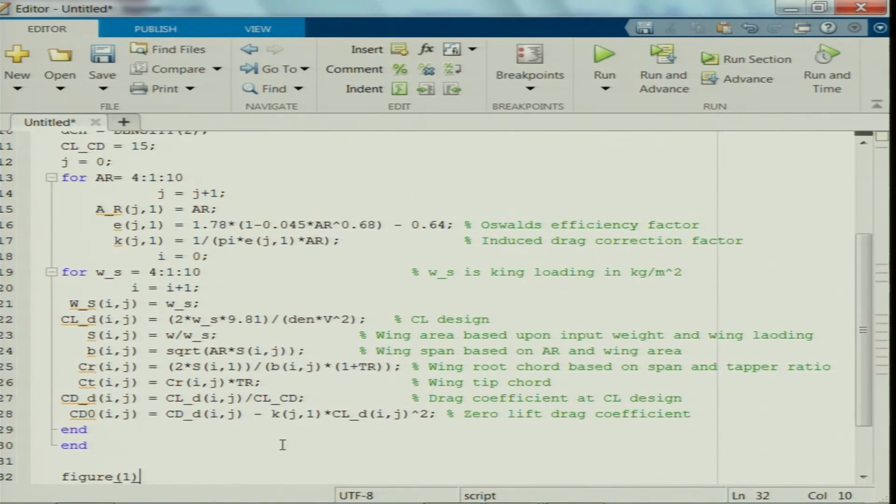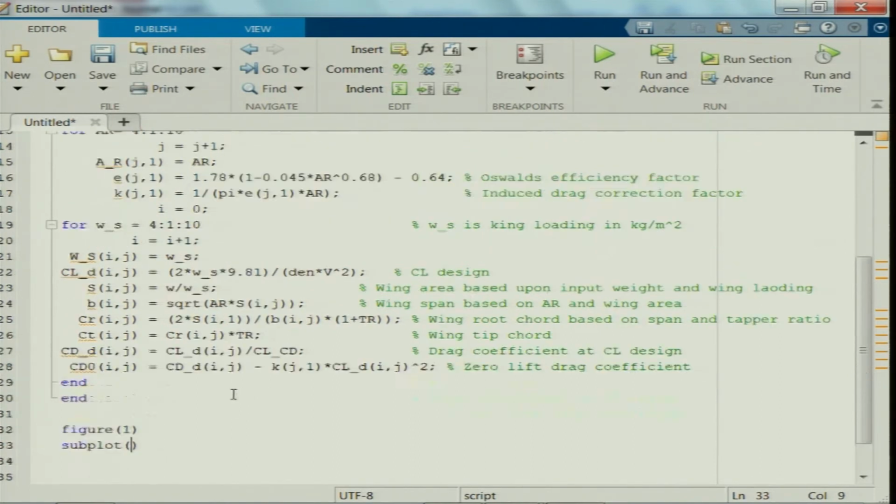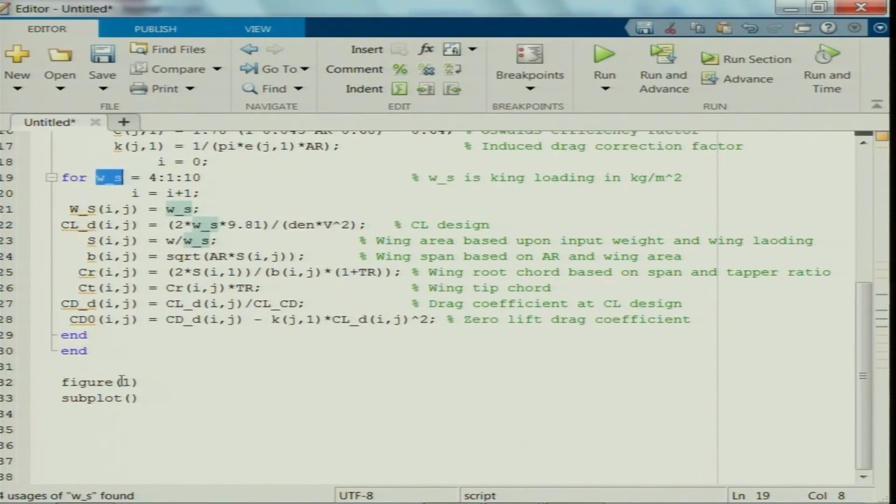So, let us say this is figure 1, subplot. Let it be CL design, the corresponding CD, and then S, B, CT, CR, these are the planform parameters, right, for a given lambda. For a given lambda, we have iterated for different aspect ratio as well as wing loading, right. So, that is what we have done here.